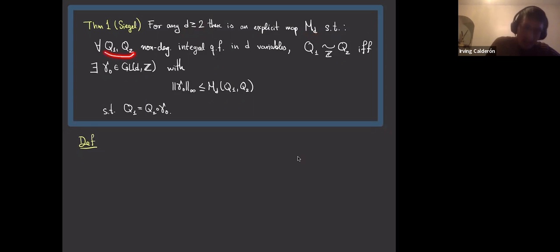If we take any Q1 and Q2 integral quadratic forms in d variables, then they will be Z equivalent if and only if we have a gamma 0 in GL_d(Z) that takes Q2 to Q1, but with the extra condition that the norm of the matrix is bounded by m_d of Q1, Q2. So there are just finitely many matrices that verify this bound. So we can check the equivalence just by searching in this finite subset.